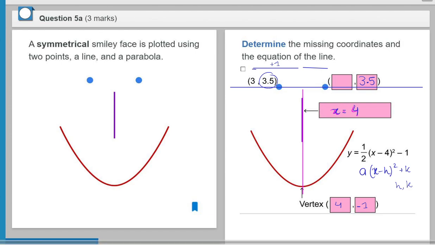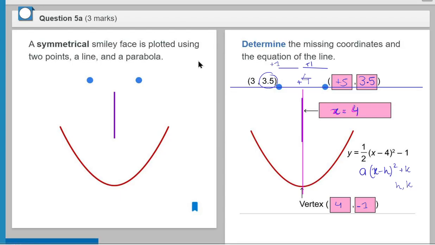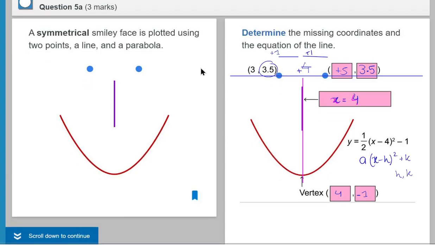The difference between these two coordinates is also supposed to be +1. So that gives you an answer of, here it was +4. What's wrong? And here it becomes +5. So yeah, here's your answer. So it looks very difficult, but if you understand the general idea, and if your quadratics is strong, it's not going to be a difficult question.